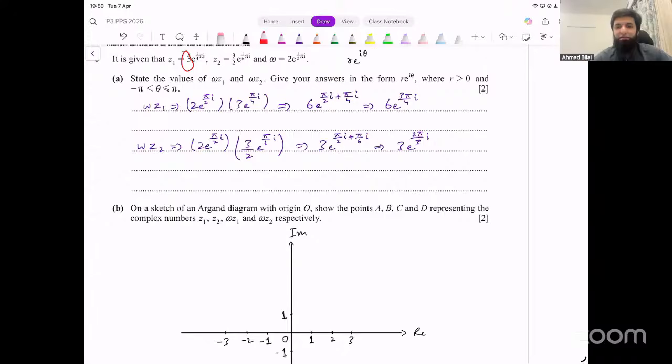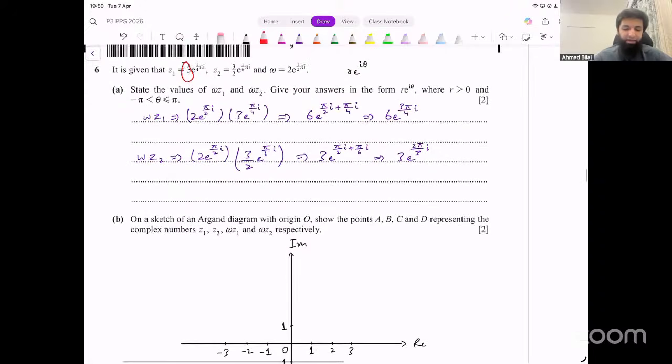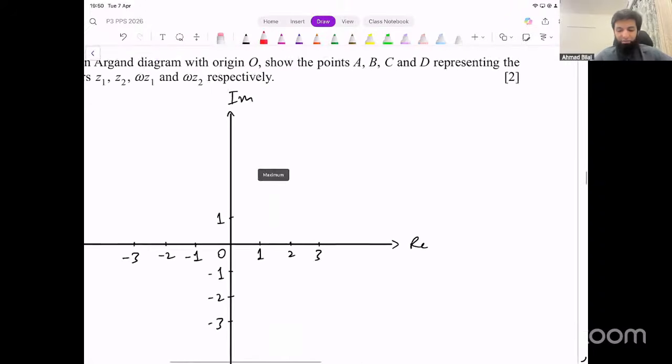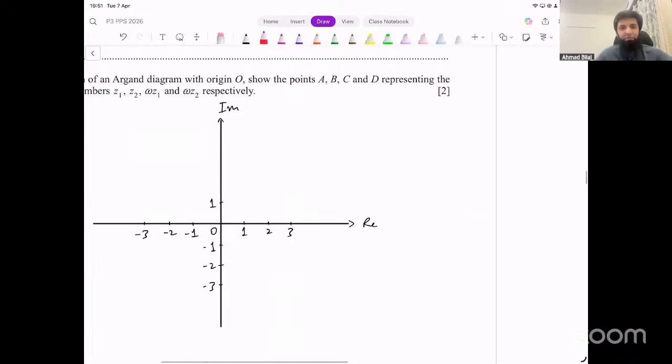So the point Z1 is supposed to be such that its distance from the origin is 3 units. And it's at an angle of pi over 4. Pi over 4 is 45 degrees. That becomes a gradient of 1. Okay?